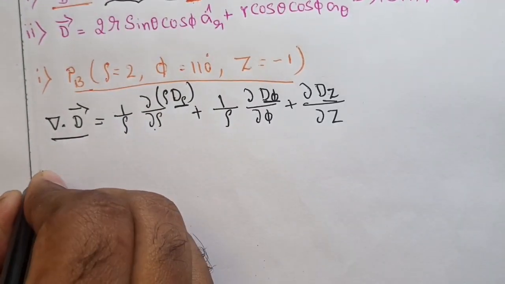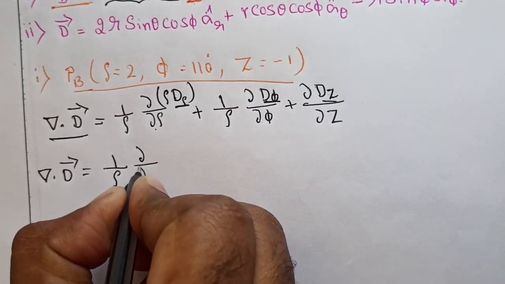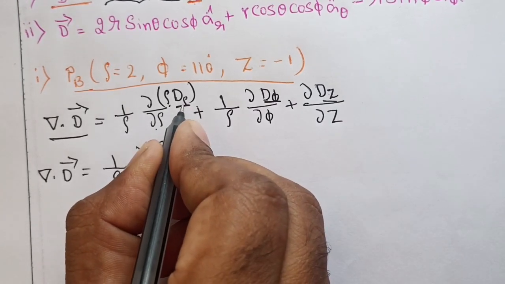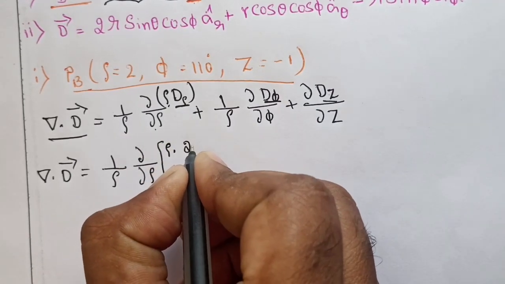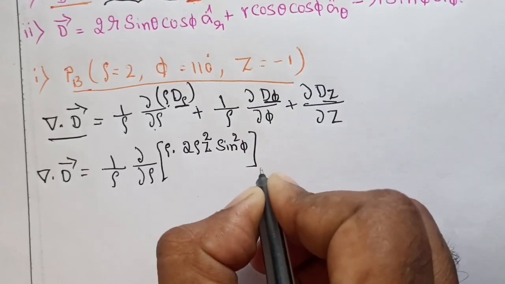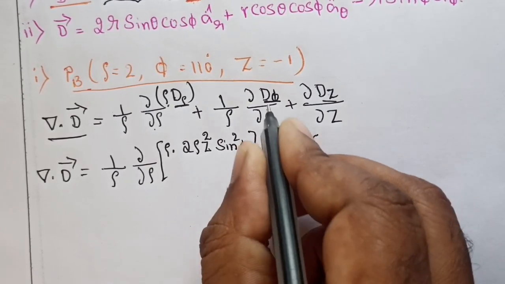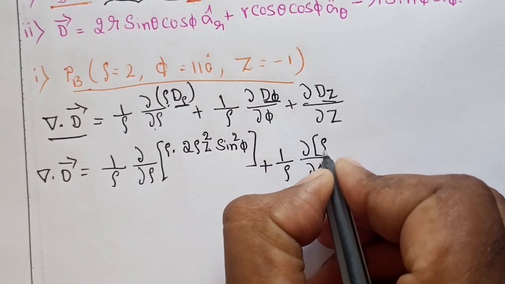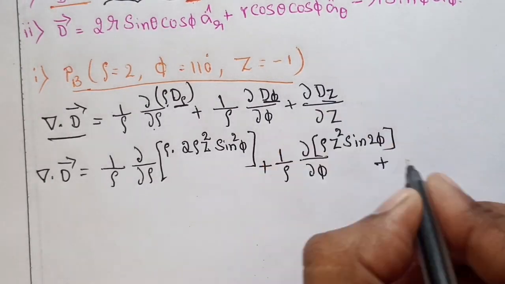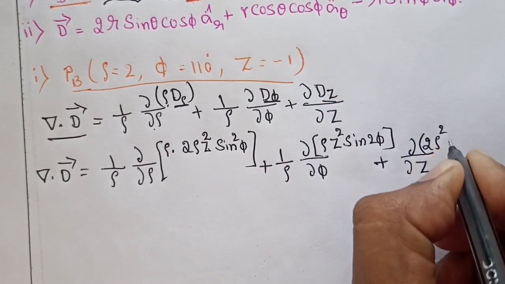So del dot D can be written as 1 by rho dou by dou rho of rho into, in place of D rho, 2 rho z square sine square phi, plus 1 by rho dou by dou phi of, in place of D phi, rho z square sine 2 phi, plus dou by dou z of, in place of Dz, 2 rho square z sine square phi, as given.